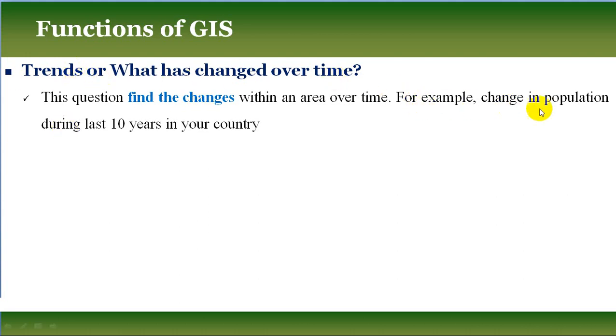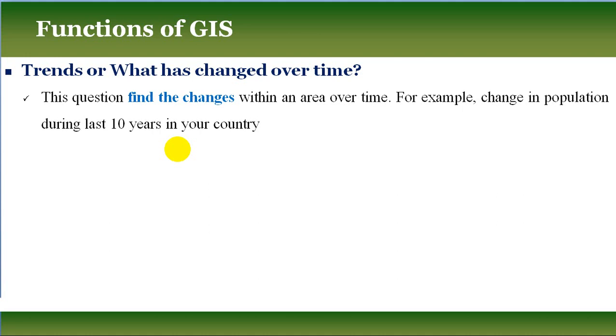For example, change in population during the last 10 or 20 years in your country, that you want to map, that you want to measure. How has your country's population changed in the last 20 years, 10 years? So the population growth that you can present.